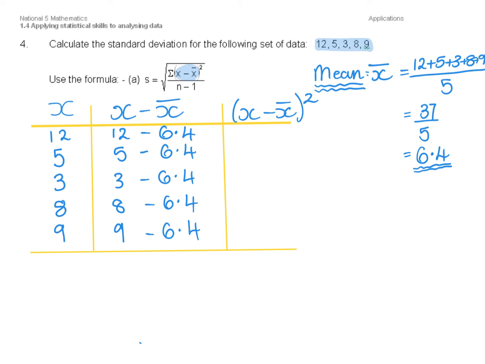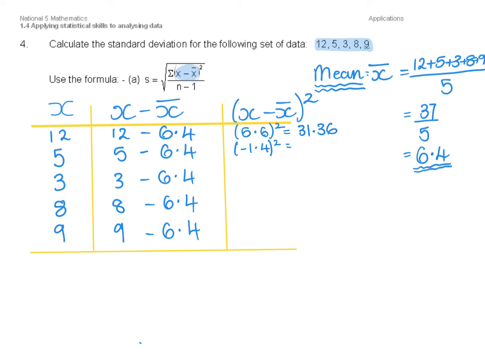Okay, so the first one comes out as 5.6, which needs to be squared. Okay, next one comes out as minus 1.4.